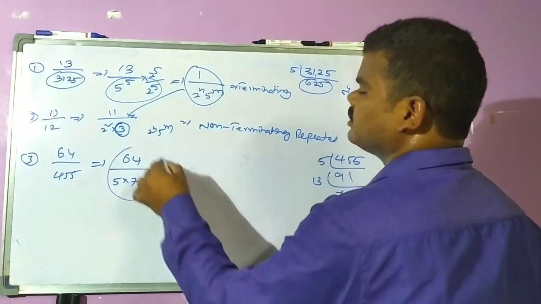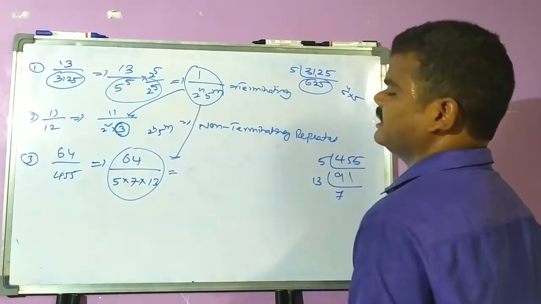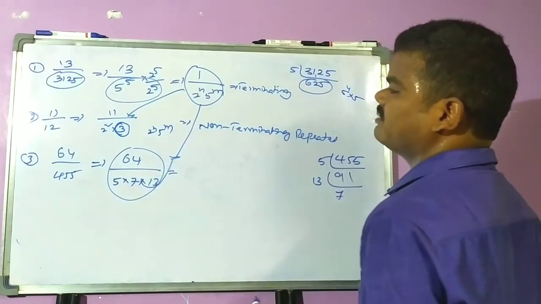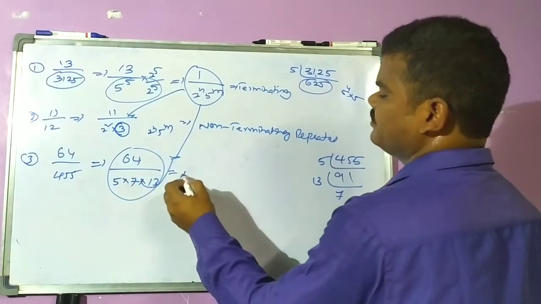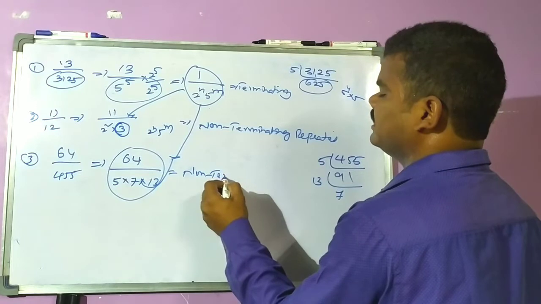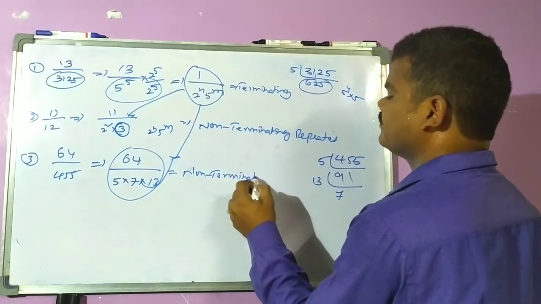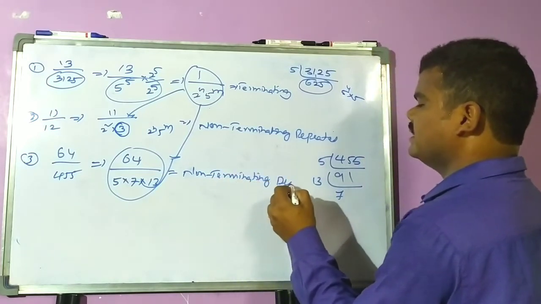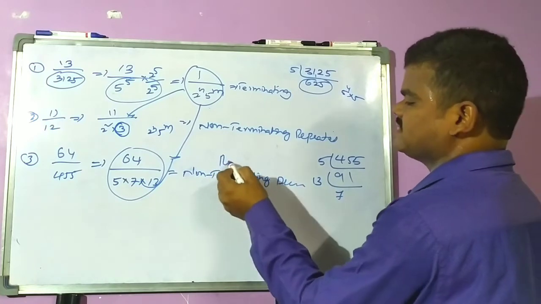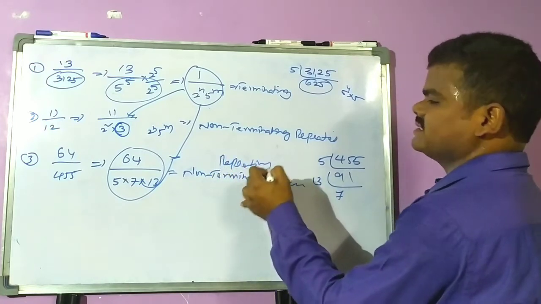Therefore the denominator is not in the form of 2^n × 5^m. So this is also a non-terminating decimal expansion. That means it is a repeated expansion.